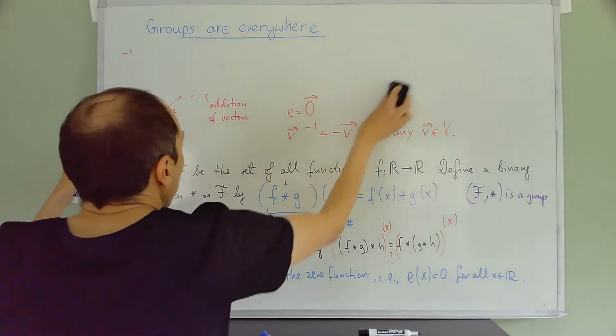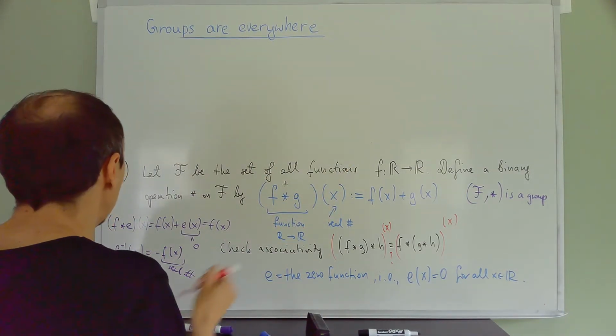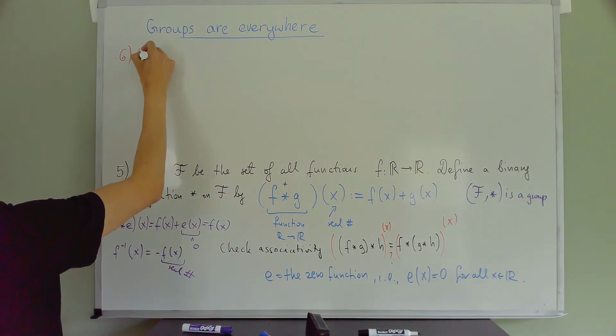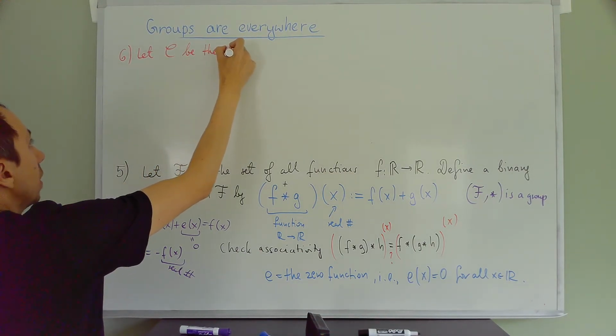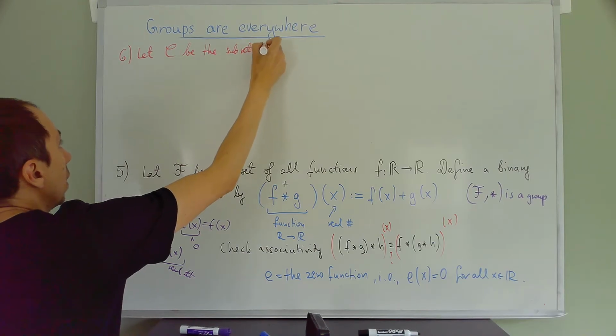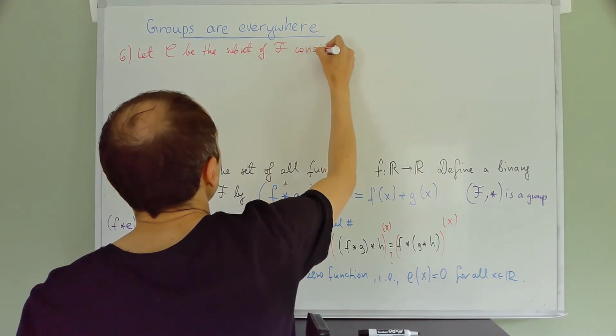Continuing with this example, 6. Let C be the subset of F consisting of continuous functions.